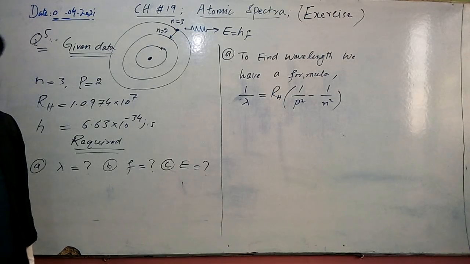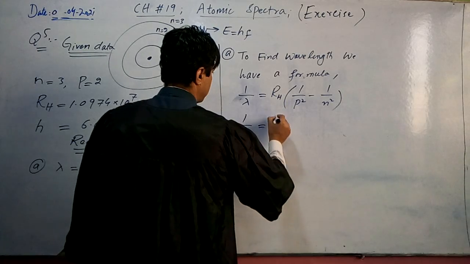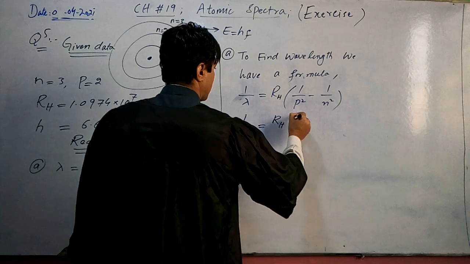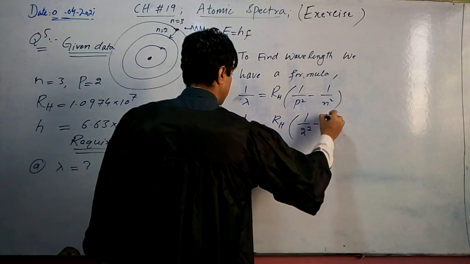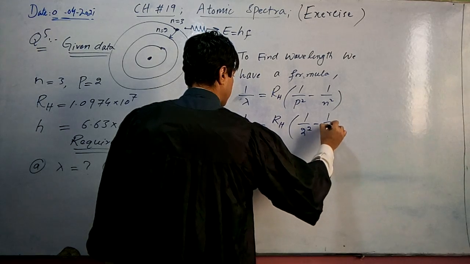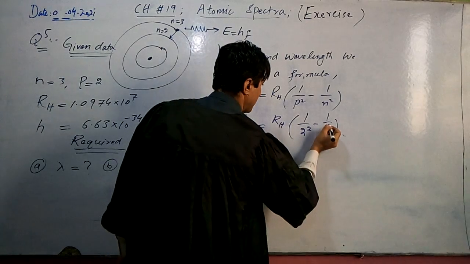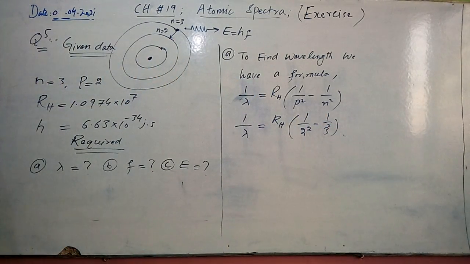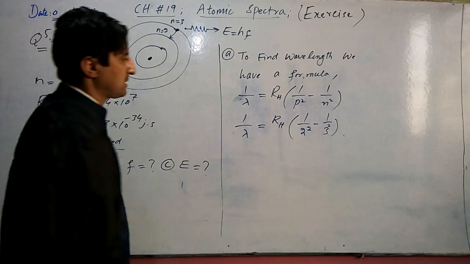1 upon lambda is equal to RH times, first let me simplify it furthermore, 1 upon 2 square minus 1 upon 3 square. By simplifying, we get 1 upon 4 minus 1 upon 9, and by taking the LCM of these two, which is 36, we get 5 RH divided by 36.